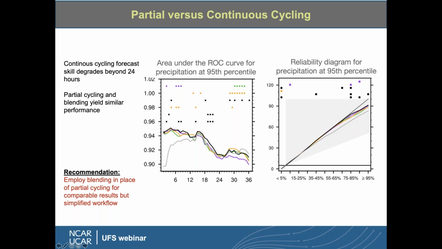It holds on to our value in the short-term forecast, and then it also brings us up to the equivalent value of partial cycling in the long-range forecast. But when you think of the workflow differences between doing a blending versus a partial cycling system, which is quite a monster to actually run in practice, it's a considerable workflow benefit to be able to just employ the blending. That would be our recommendation.